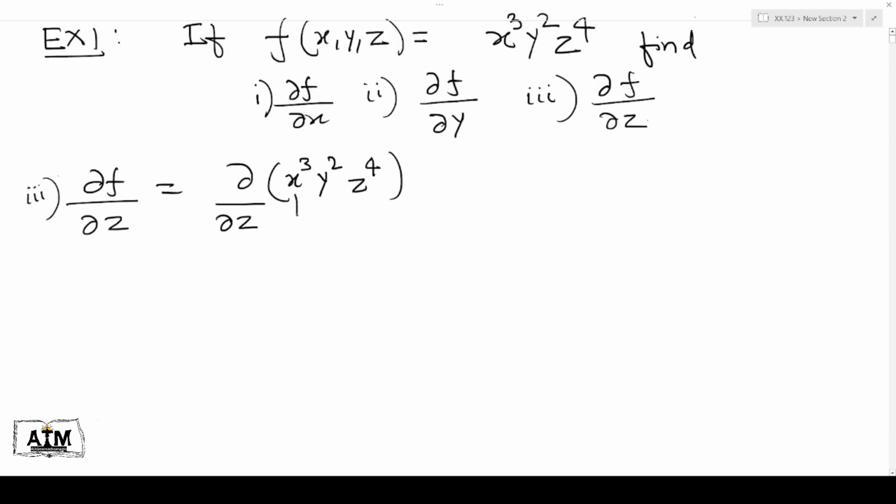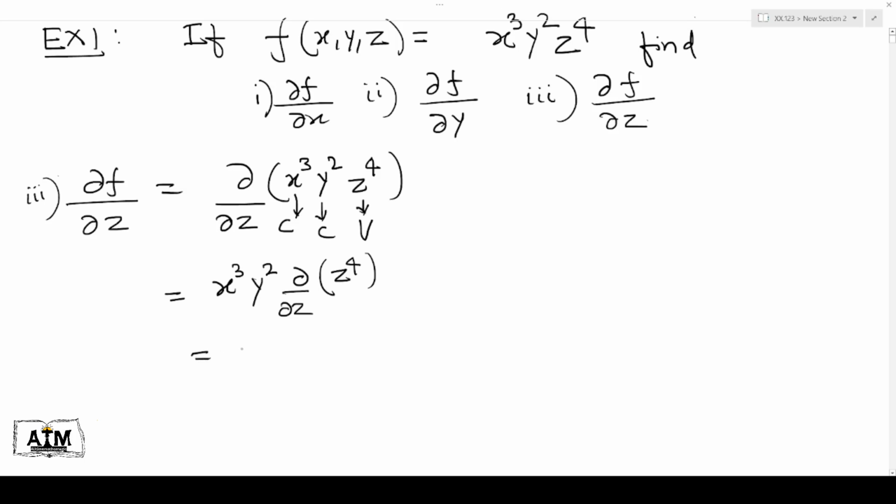In this, x cube is a constant, y square is a constant, and z raised to 4 is the variable. So, taking constant terms outside, x cube is taken outside of the operation, y square is taken out of the operation. So, the partial differentiation of z raised to 4 with respect to z.